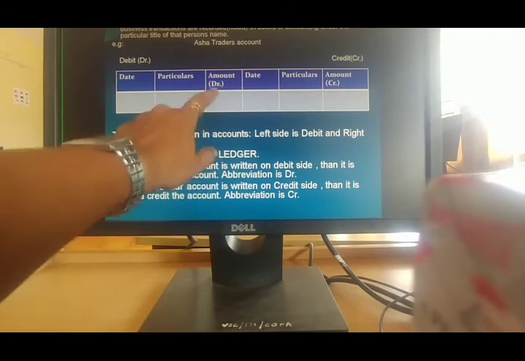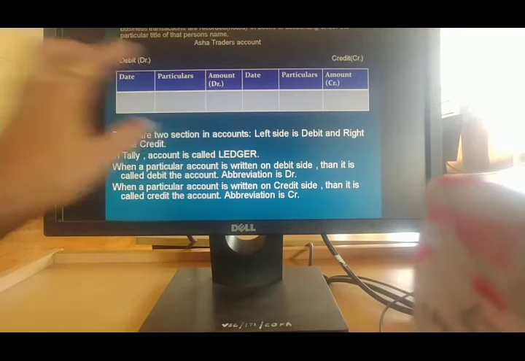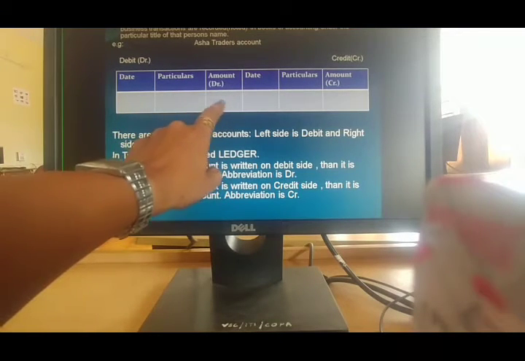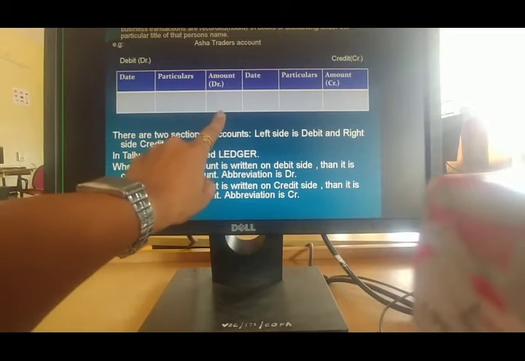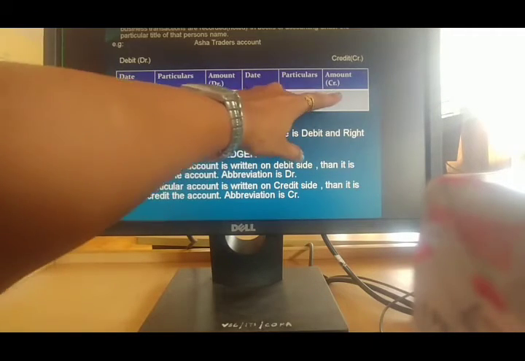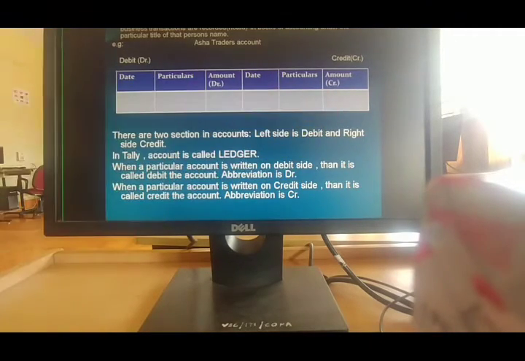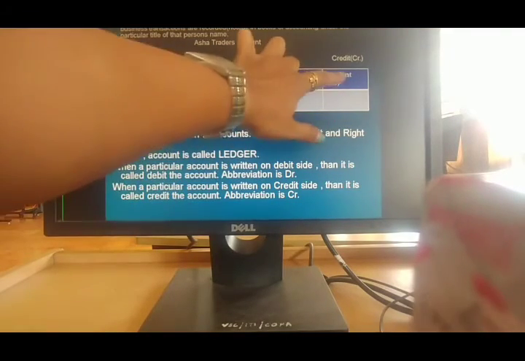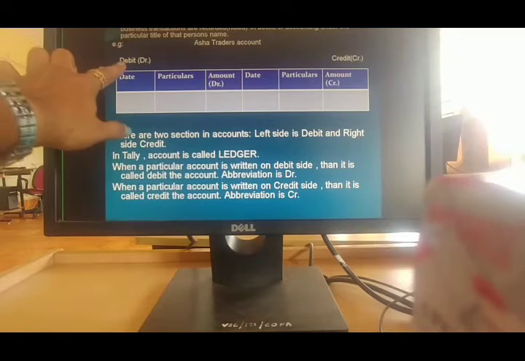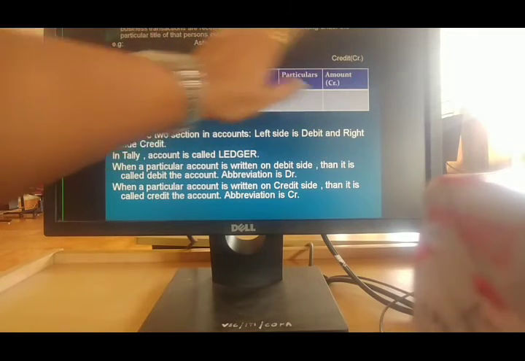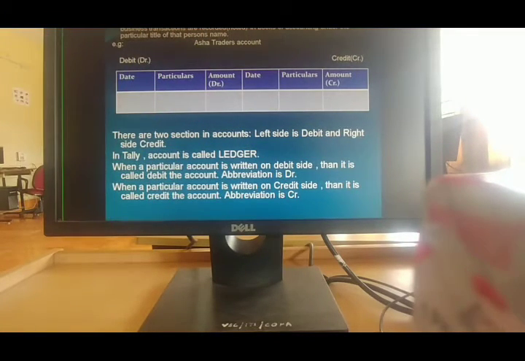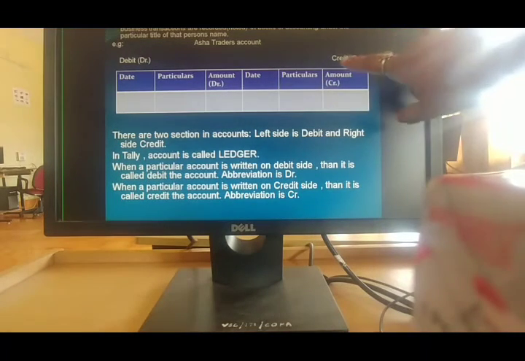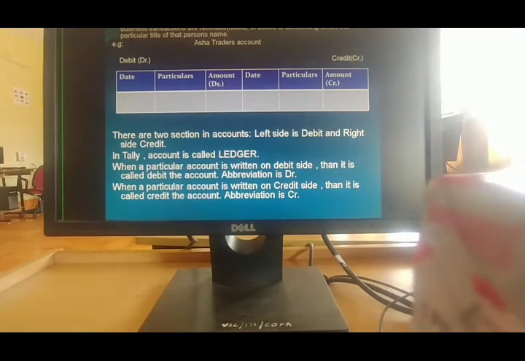The amount reflected for that particular account will come into the amount column: debit amount here and credit amount over here. Short form is DR and CR, and this alignment is fixed. Debit on the left hand side only and credit on the right hand side only.